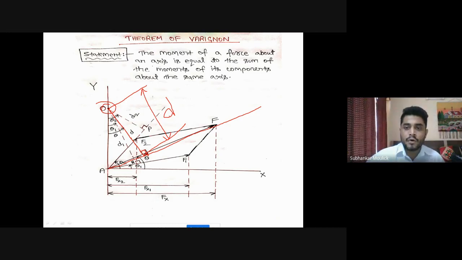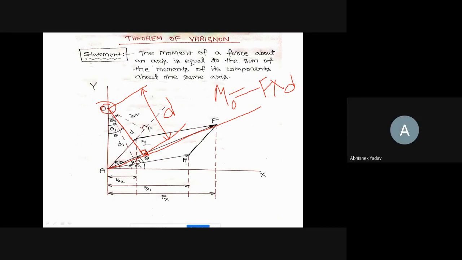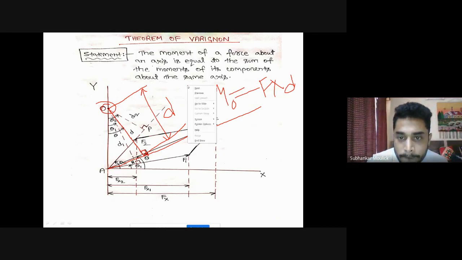If you take the moment of this force F about point O, the moment MO will be force F into this perpendicular distance d. Is it clear? Any doubt? No, sir.